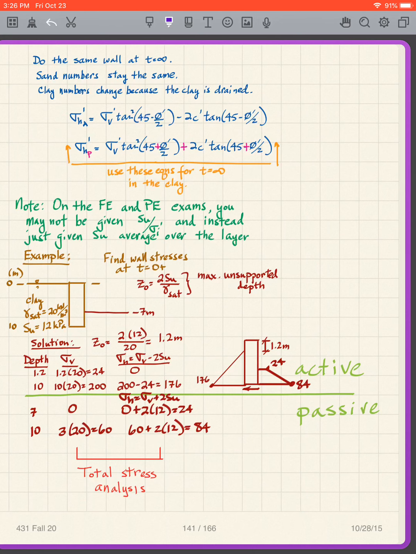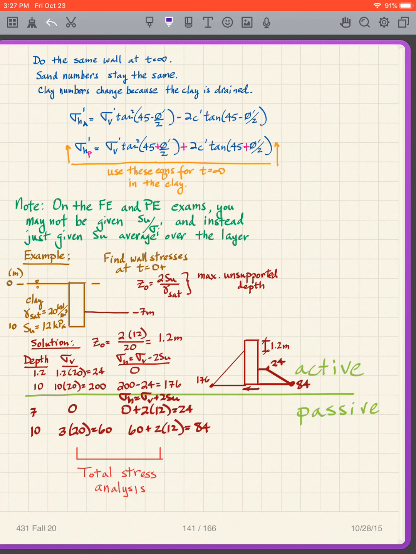And then the coefficient over here is simply tangent of 45 minus phi prime over 2, or tangent of 45 plus phi prime over 2. So hopefully you know those two coefficients, and then all you need to do is remember the minus 2c prime there, or the plus 2c prime there.